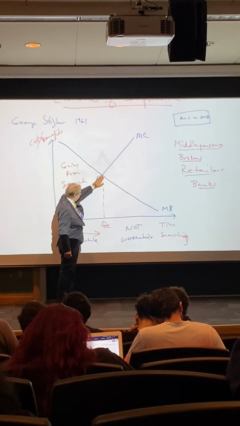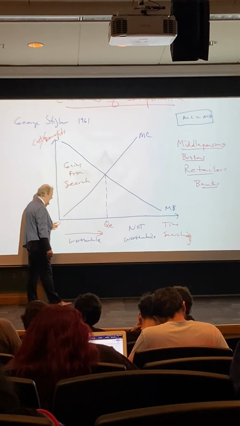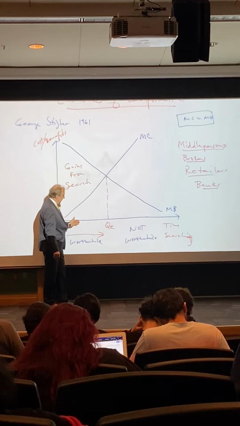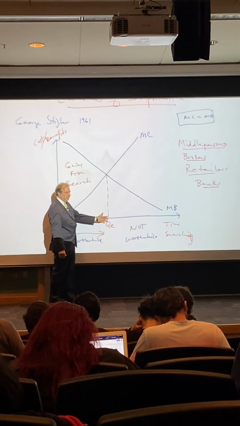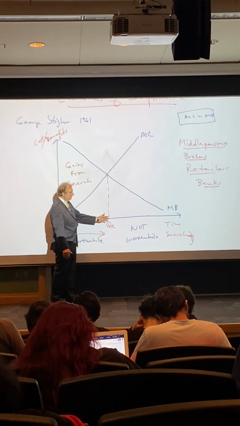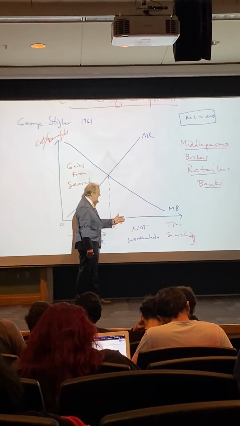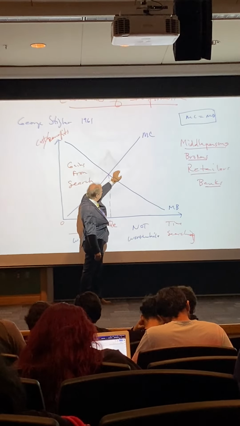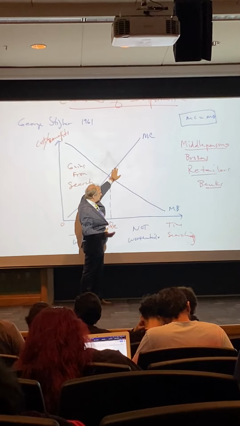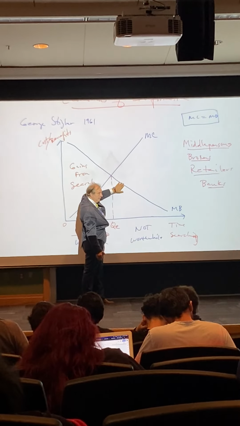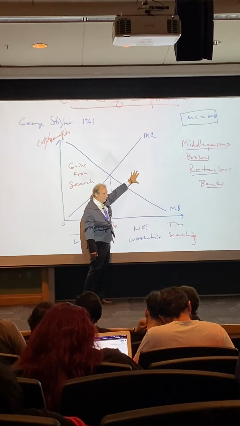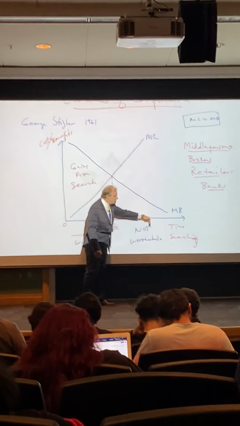A rational agent will find it worthwhile to gather information out to this point, and then they'll make a decision. Anything past that point, the expected costs of trying to acquire this information exceed what benefits you would get out of it. This is all losses from search, not worthwhile.